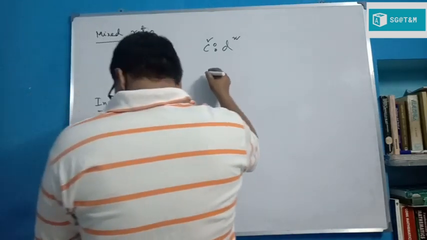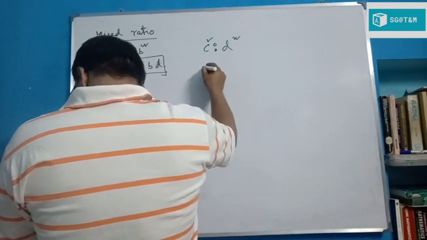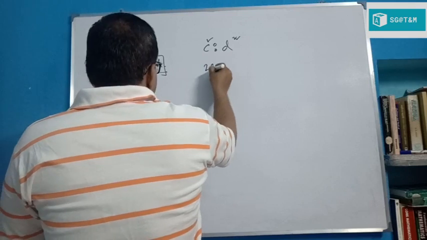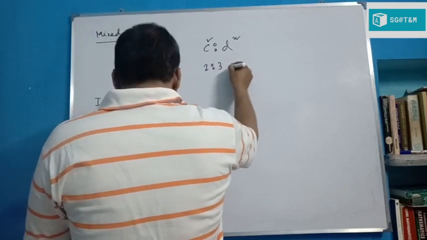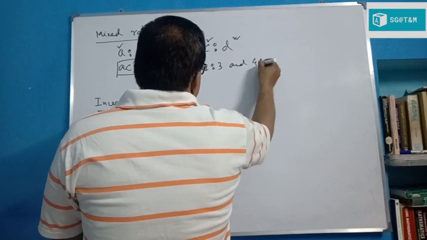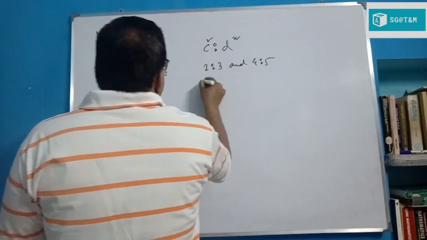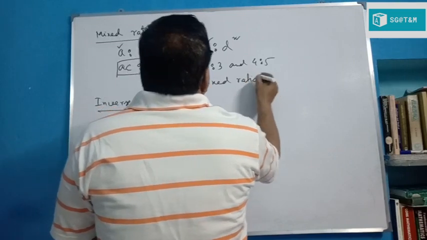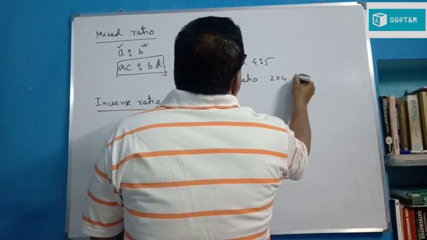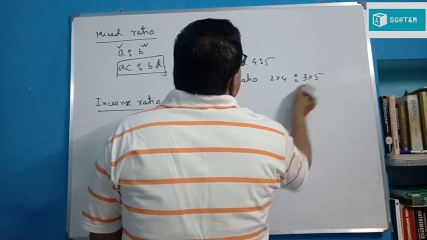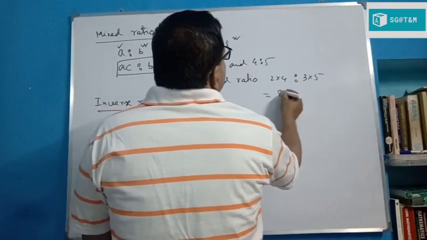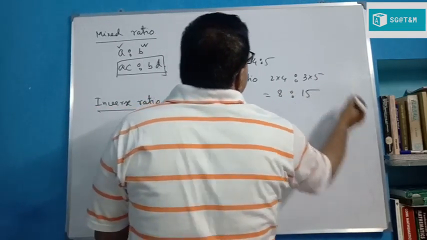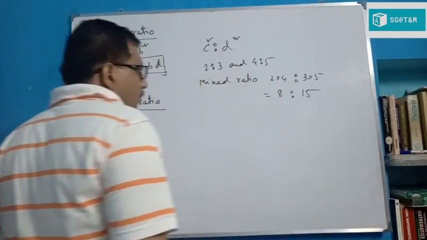Take another example, 2:3 and 4:5. The mixed ratio is 2 into 4, 3 into 5, that is 8:15.